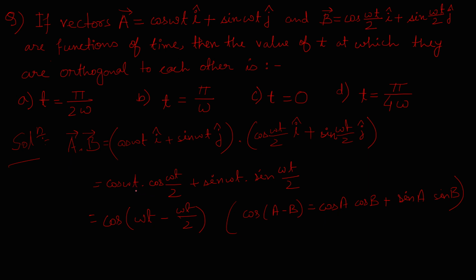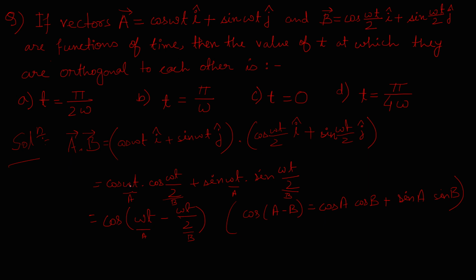Here a is omega t and b is omega t by 2. I am just writing it so that you understand this part. So cos A cos B plus sin A sin B is equal to cos of A minus B.